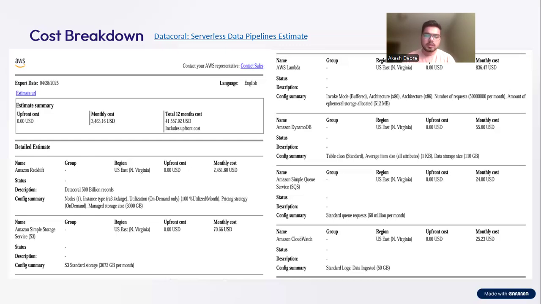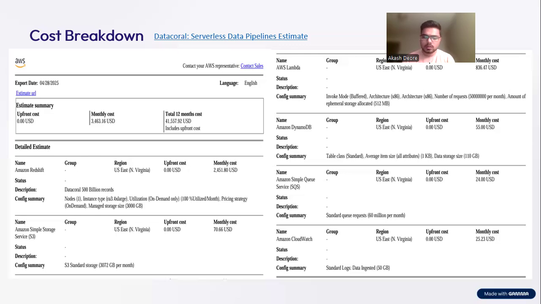Fourth service is Redshift RA3, which enables you to separate sizing of compute and storage, so we don't pay for unused capacity. When we run the numbers of processing around 500 billion rows per month, which was stated by the engineer of Datacoral, the fully loaded pipeline was still lower than maintaining a small fleet of EC2 instances, because the instances would be running 24 by 7 even when no loads are active on these servers.